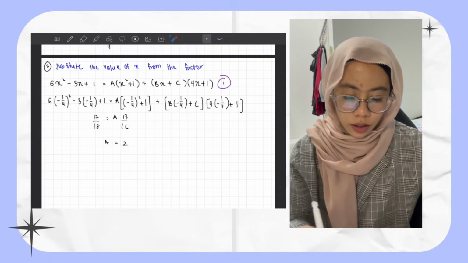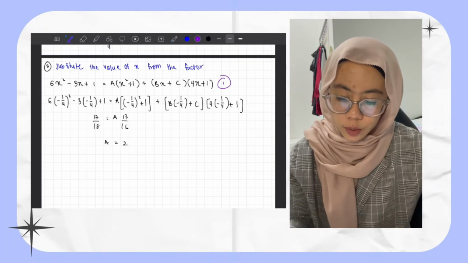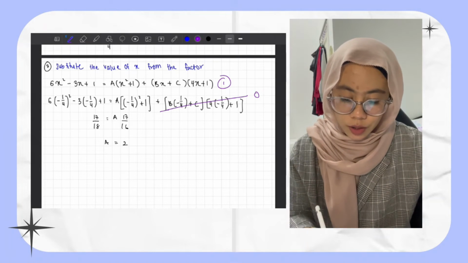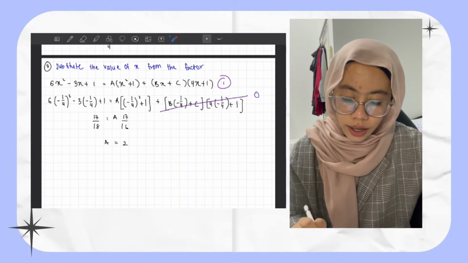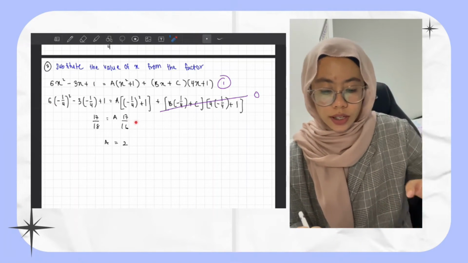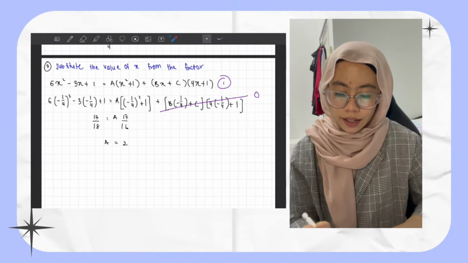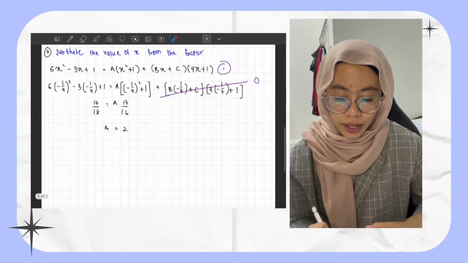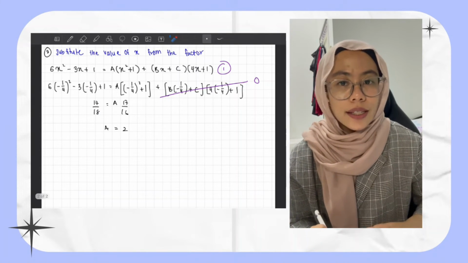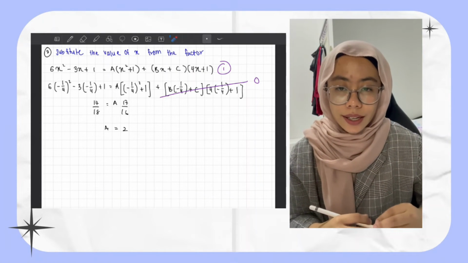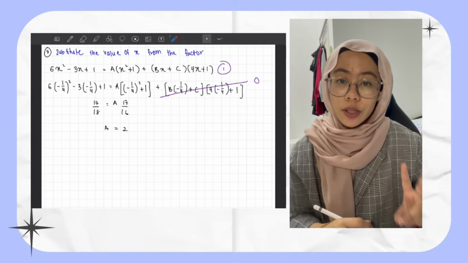After some calculation, this part actually gives a value of 0, so we just focus over here. For A we get 17/16, and on the left hand side we get 17/8, and after some calculation, the value of A is equal to 2. So we already get the value of A, which is 2.